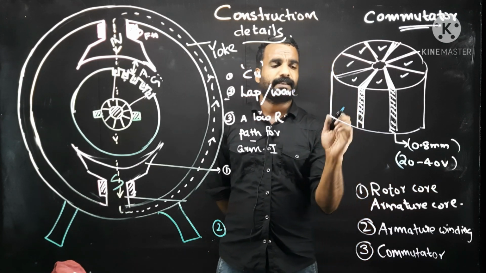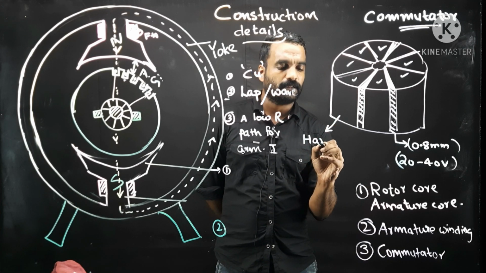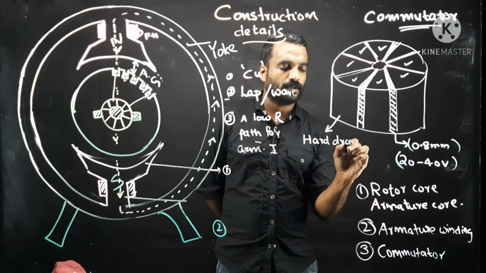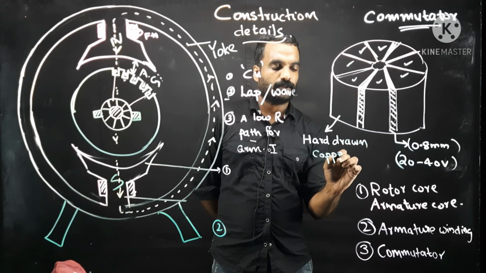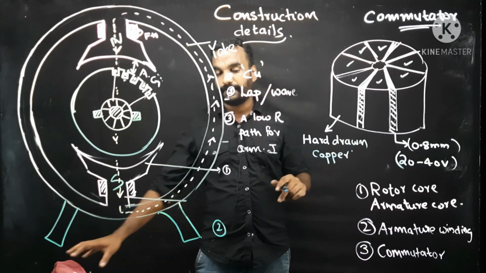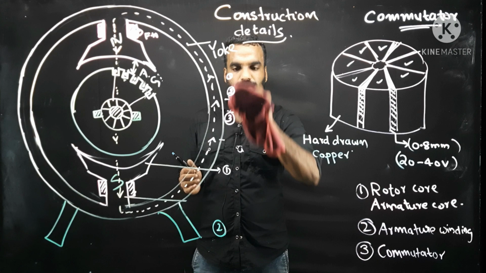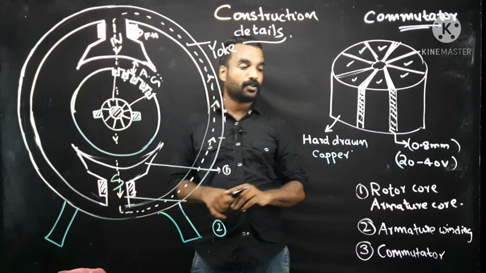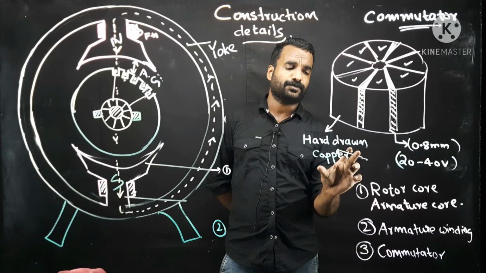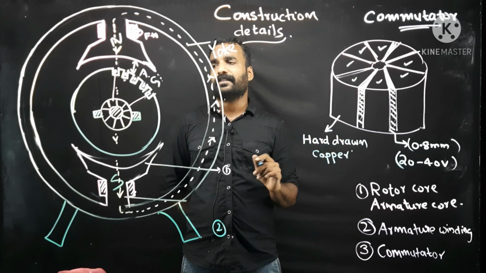And the material that we are using for segments is hard drawn copper. Hard drawn copper is the material that we are using to make commutator segments. Why are we using such a hard material?